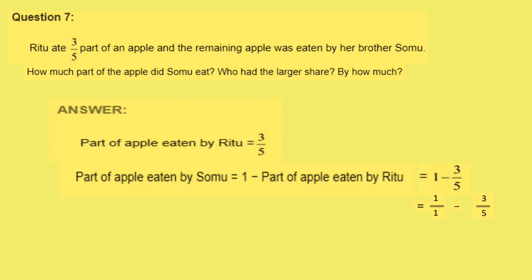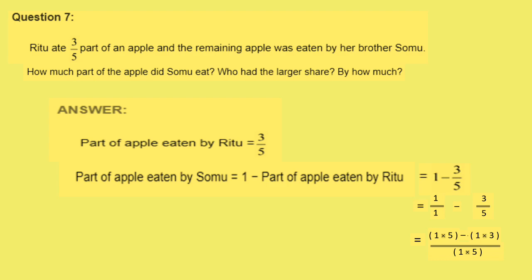Look here, 1 and 5 are the denominators, both are different. So I will solve this problem using the cross multiplication method. 1 into 5 in the numerator, then minus 1 into 3 also in the numerator, and in the denominator 1 into 5.